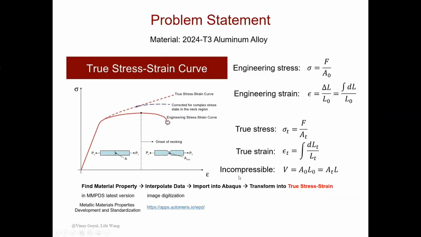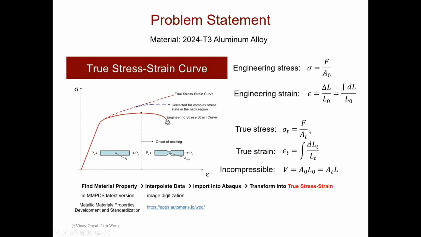With the assumption that the volume is incompressible, so there's no volume change in the solid, your true stress equals the load over the actual area, which is this one. And your true strain is the integration, for each moment, of the change in length over length.